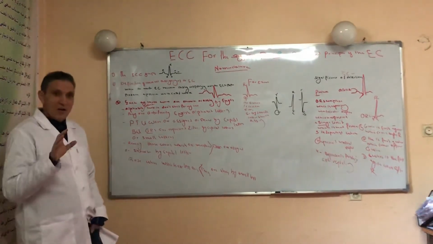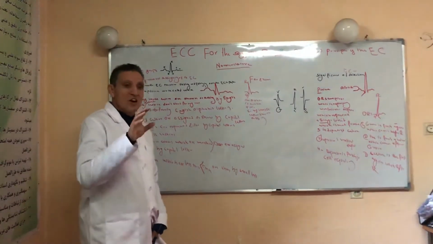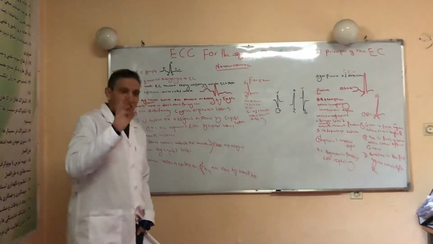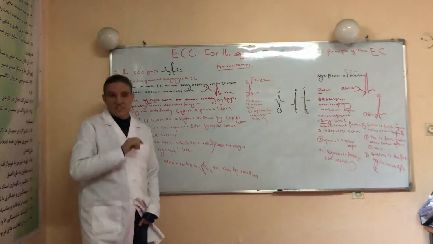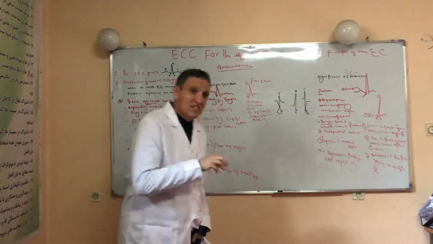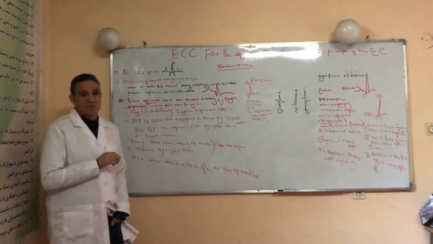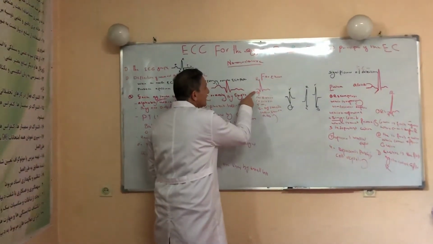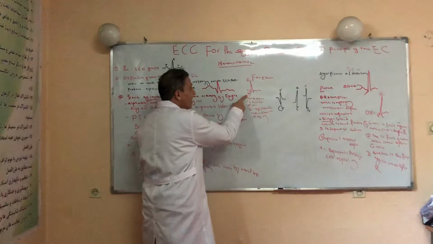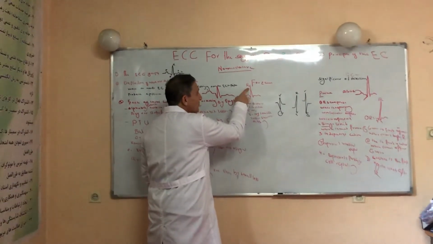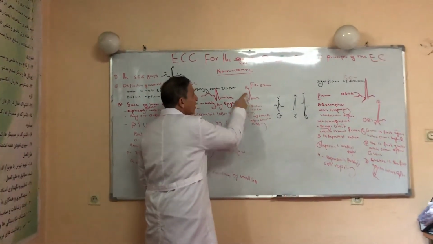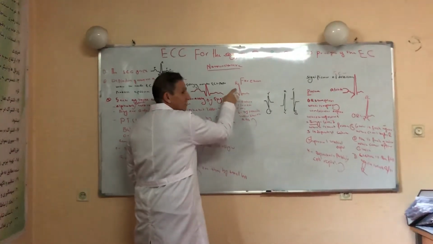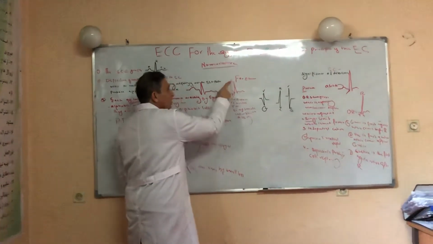Those waves which are above 5 millimeter should be shown by capital letter. Those waves which are less than 5 millimeter are shown by small letter. For example, this Q wave is less than 5 millimeter, and the R wave is more than 5 millimeter. So the large wave should be assigned by capital letter.